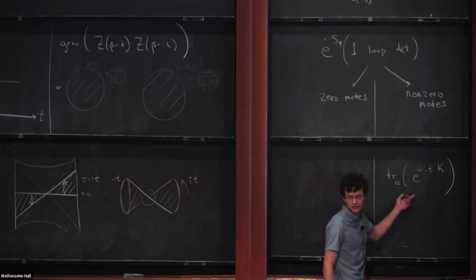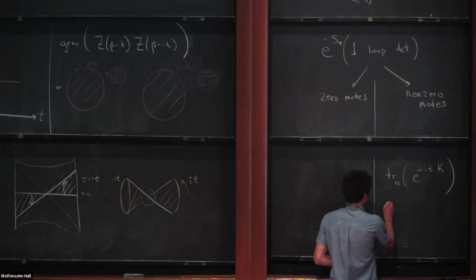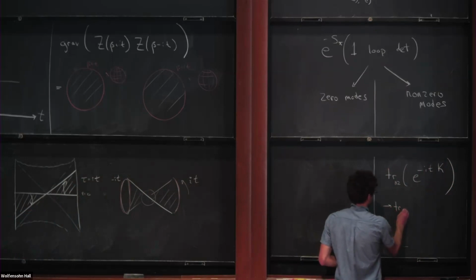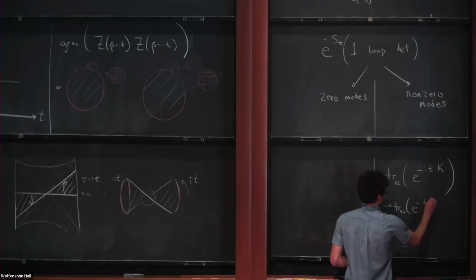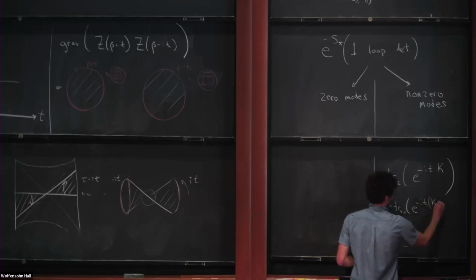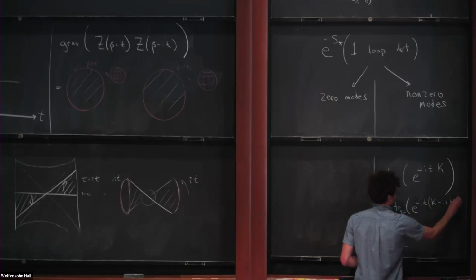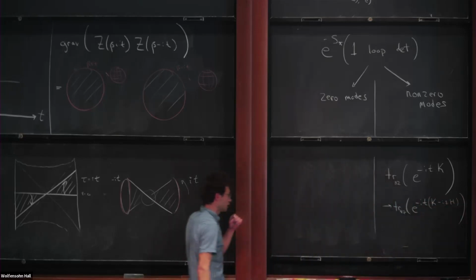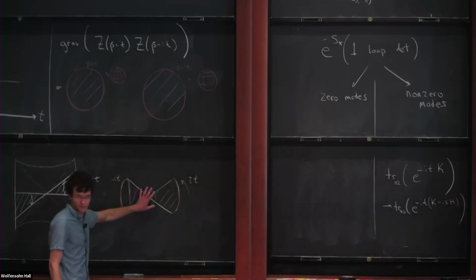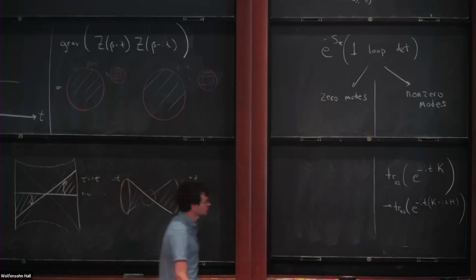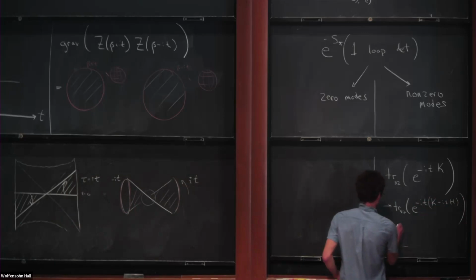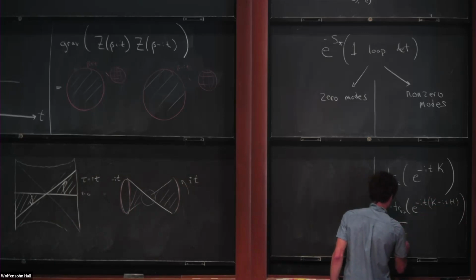This trace is not well defined, but there's a nearby thing that is well defined, which is e to the minus i t times K minus i epsilon times some other operator that is related to the smoothing of this singular part of the double cone. And this becomes a sum over quasi-normal modes.